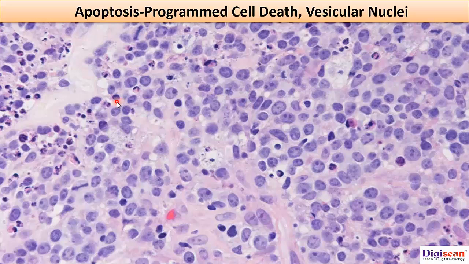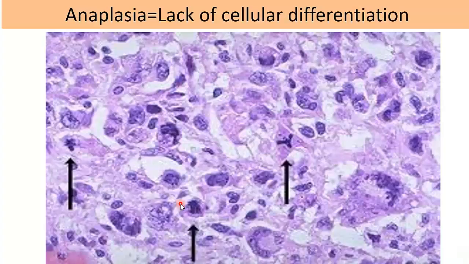In this, it's a homogeneous mass, unlike mitosis. In mitosis, we can see the chromosomes separately, while in apoptosis, the mass is a homogeneous blue mass. So we must try to differentiate apoptotic figures from mitotic figures. Otherwise, our count of mitosis will become very high.